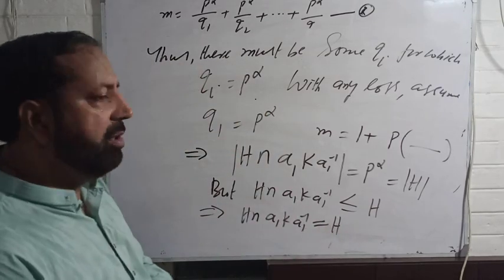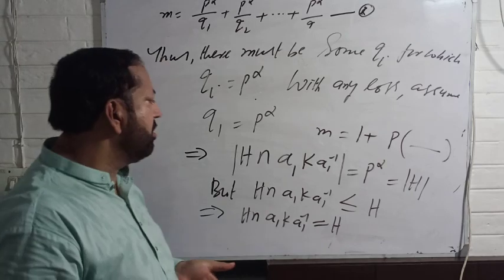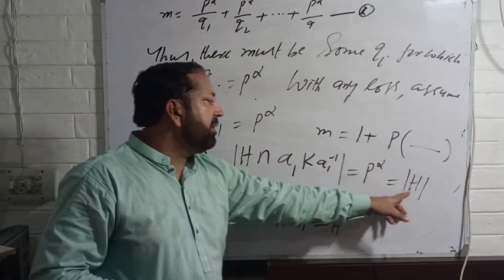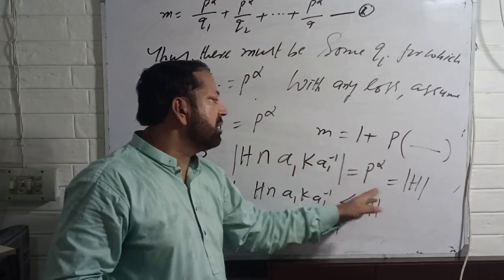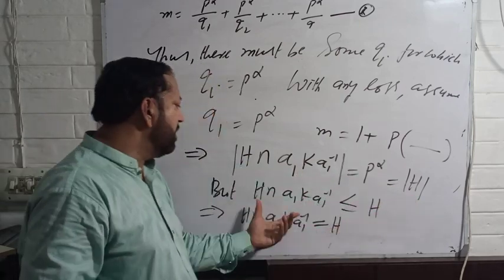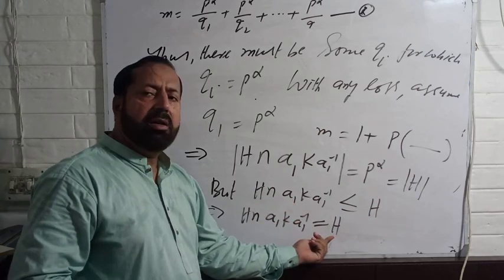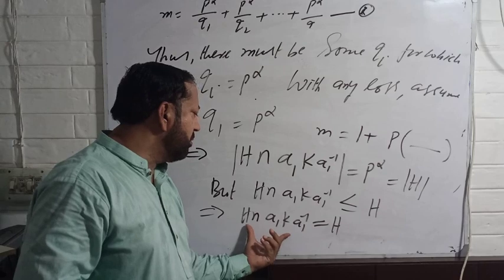Right? Okay, this is a very simple calculation you can see with the help of sets. Since this is a subset of H and the order of this is equal to the order of H, both coincide, so both are the same.